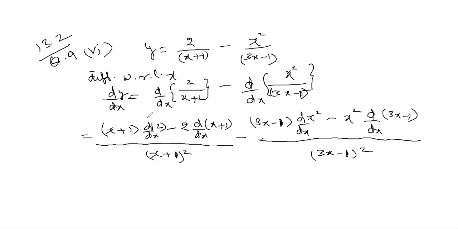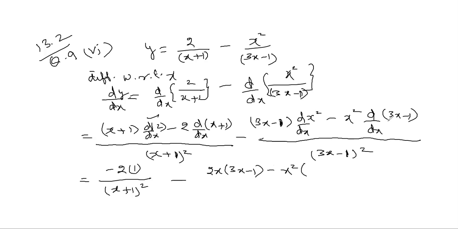Differential of 2 is 0, so this will become 0, and minus 2, and differential of x is 1 and 1 is 0. So minus 2 upon x plus 1 whole square, and here differential of x square is 2x, so 2x into 3x minus 1, and x square as it is. Differential of 3x is 3 and 1 is 0, so only 3 is left here, and the denominator is 3x minus 1 whole square.